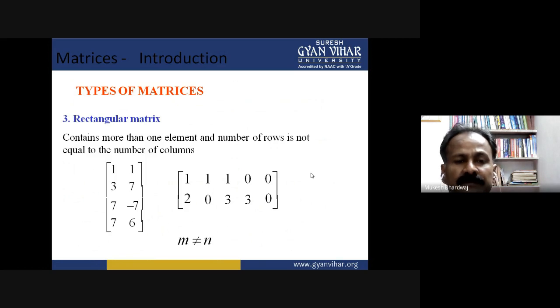For example, the dimension or size of the first matrix is 4 by 2, that is, its rows and columns are not equal. Similarly, for the second example, 1 1 1, there are 2 rows and 5 columns. So 2 by 5 is the dimension, size or order of the given matrix. So a rectangular matrix is a matrix in which rows and columns are unequal, but the elements are more than one.